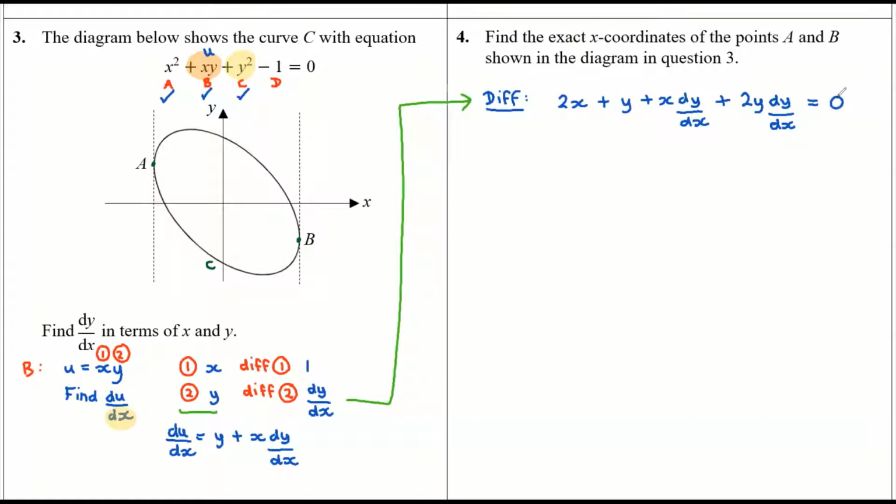So just for completeness, you differentiate every single term. So we could call that term E, and then that goes to 0, and that is still 0. Okay, so the whole of that equation has now been differentiated. However, it does say find dy by dx in terms of x and y. So we now make dy by dx the subject.